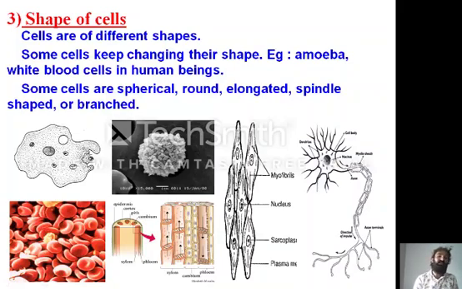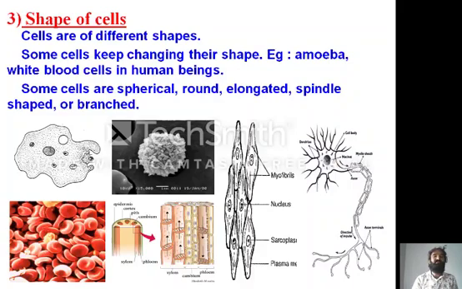The amoeba mainly has protoplasm or cytoplasm that is enclosed in the cell membrane. Due to the lack of a cell wall, the amoeba does not show any kind of shape. The white blood cells also do not have any particular shape.